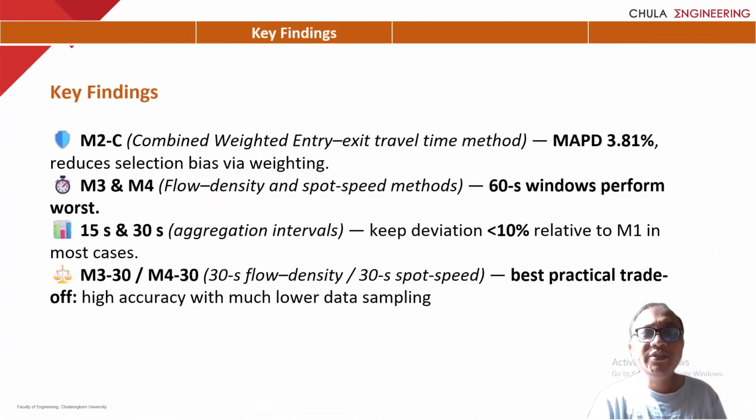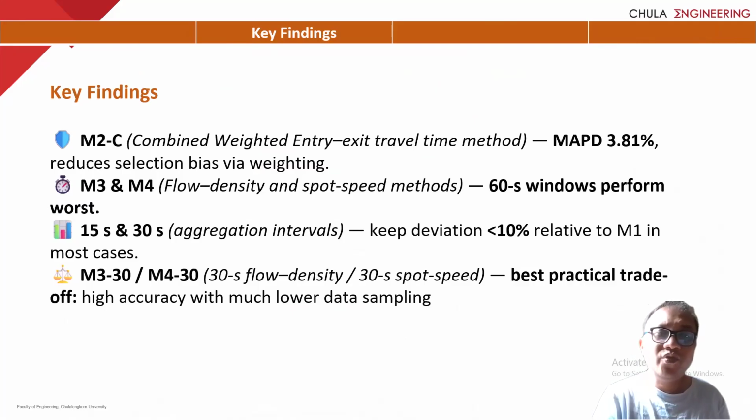The key finding is M2C, which is the combined weighted entry-exit travel time based method. We can use this among the other variants of the entry-exit travel time method. It has less bias due to the weighted averaging.